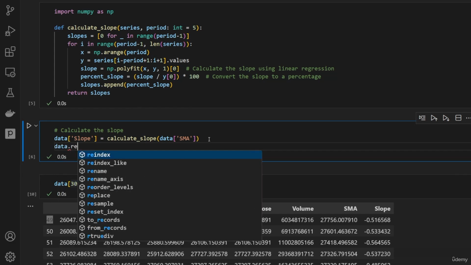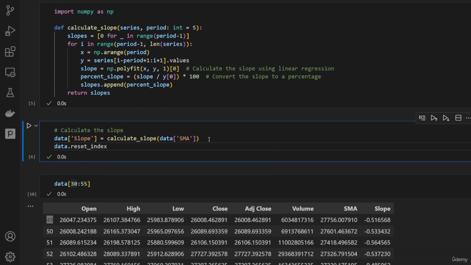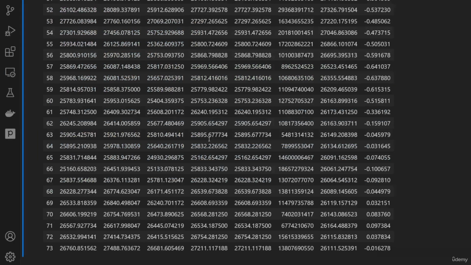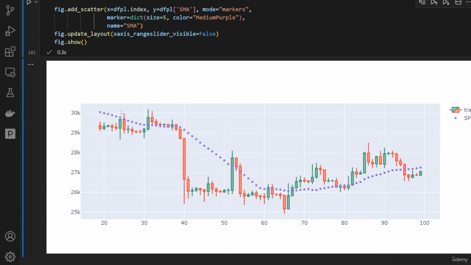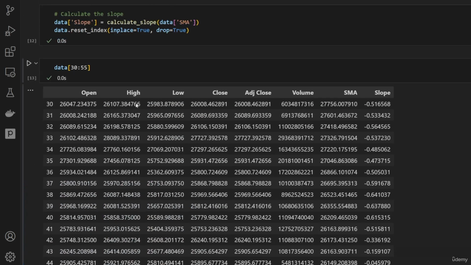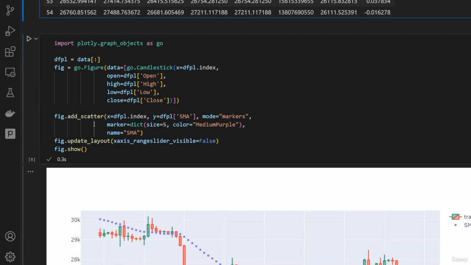So data.reset_index one more time, with inplace is true, and we're going to drop the old index, drop is also true. So now when we are slicing, we should get the same indexes. If I'm slicing from 30, I'm starting from 30 here. I'll get this as a result. So now it works as we expect it to work.